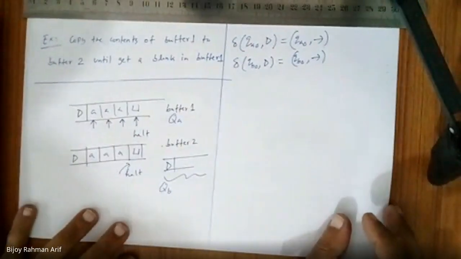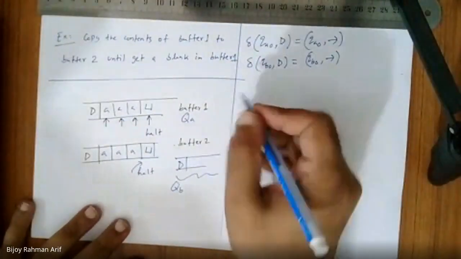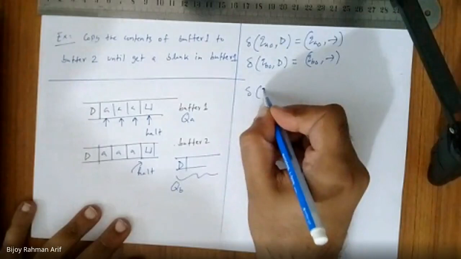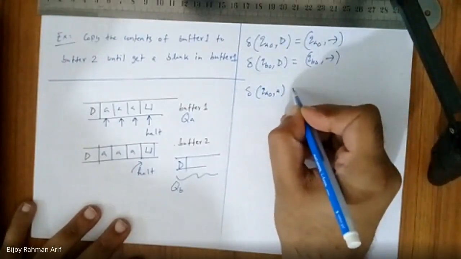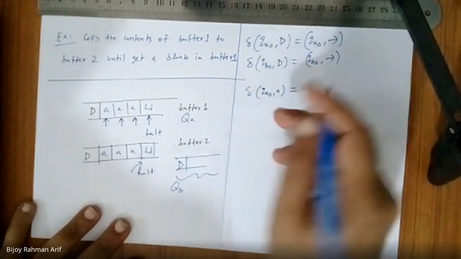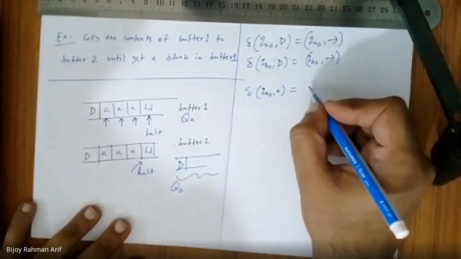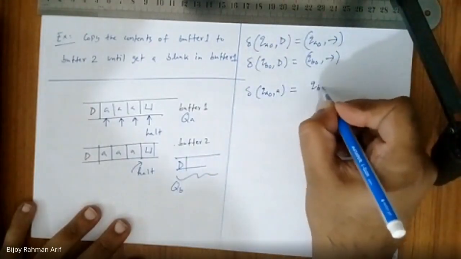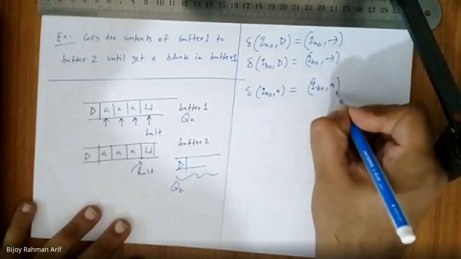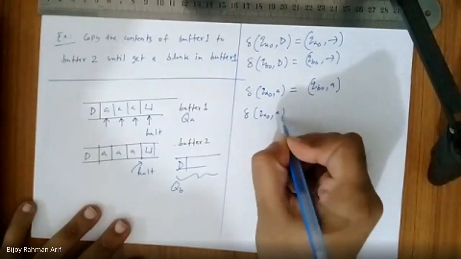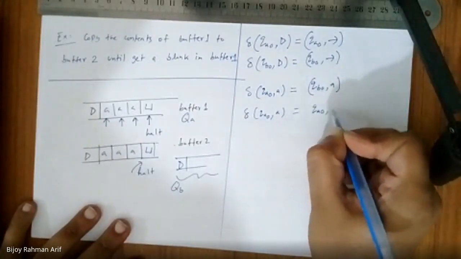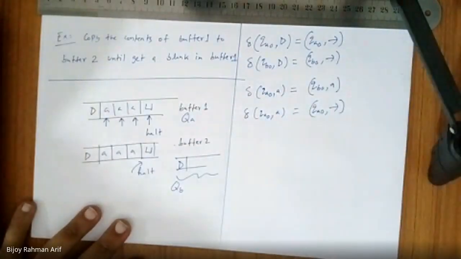Then delta of QA naught comma A. What are we going to do? At first we have to write. So we are going to write QB naught A. And another one is delta of QA naught, A, QA naught, right shift. All right, guys? Got it?